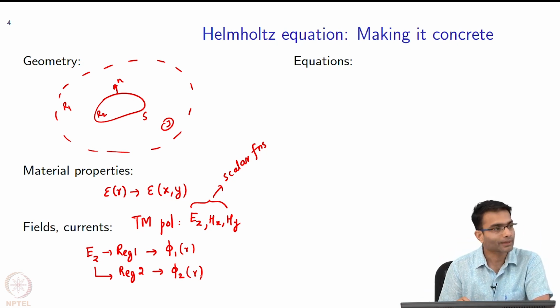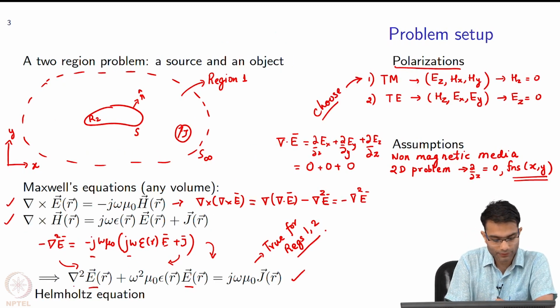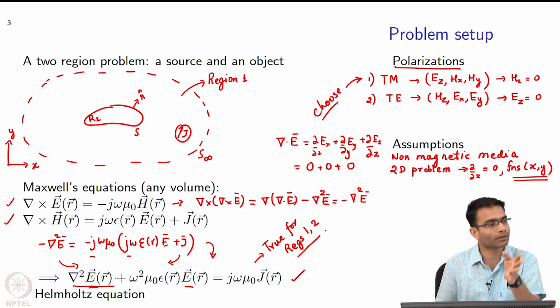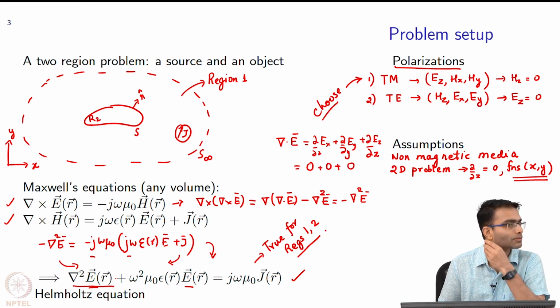Similarly, the current, if I again go back to this equation, the first quantity over here, is it a scalar or a vector? It is a vector, right? Del squared is acting on a vector, it will produce a vector. In what direction is this vector? E is in which direction? Electric field is in which direction in the TM polarization? Z direction.